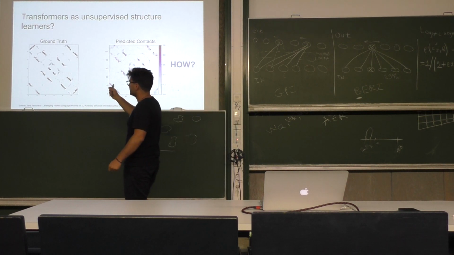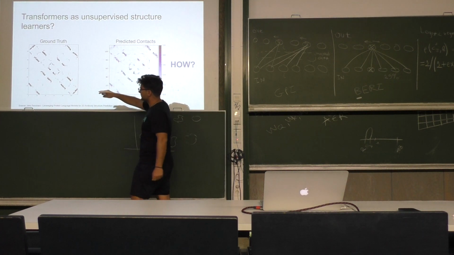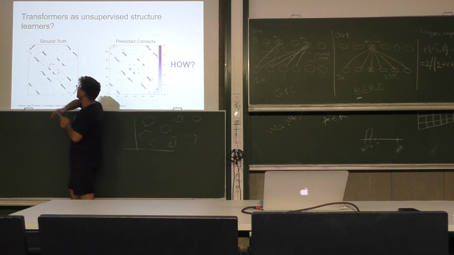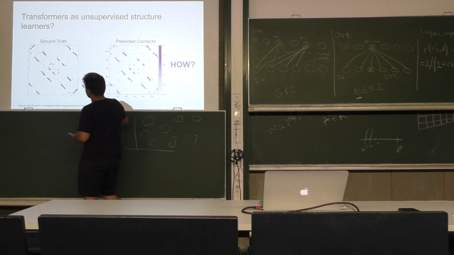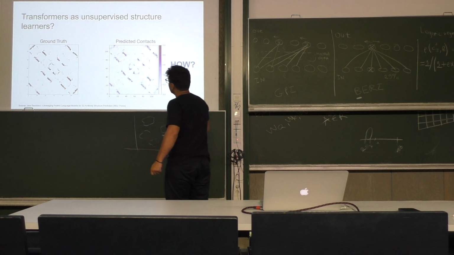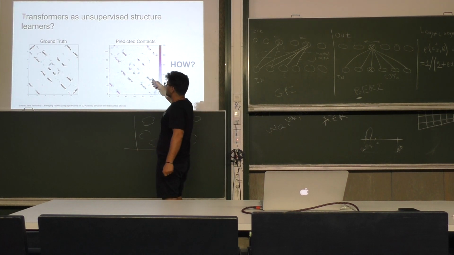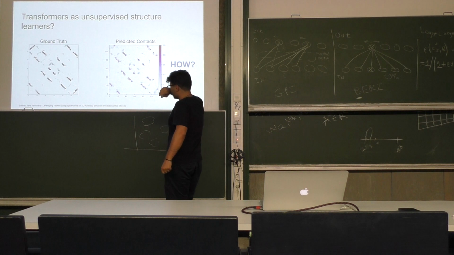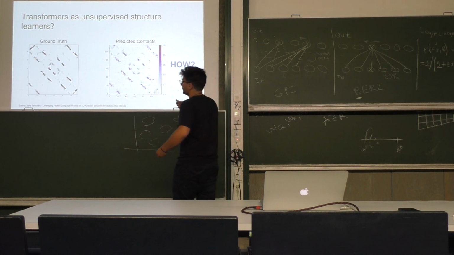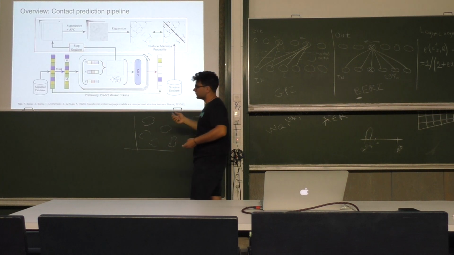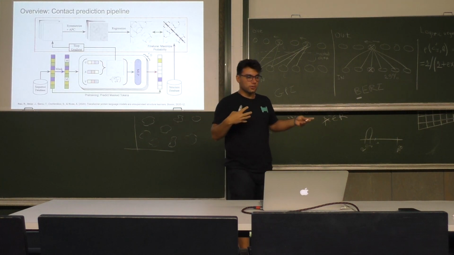One means that I and J bind together, and it's basically symmetric. So if you know the other triangular side, you just copy the elements and you have the whole L by L matrix. And this is the predicted contacts they found. So the question is how to do that, because the amount of information that you get is much, much more.